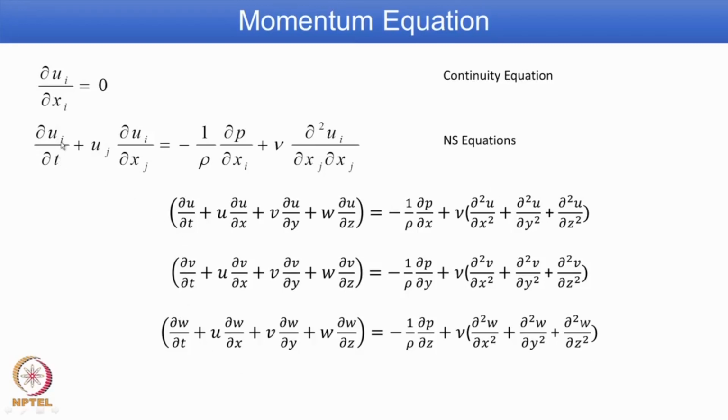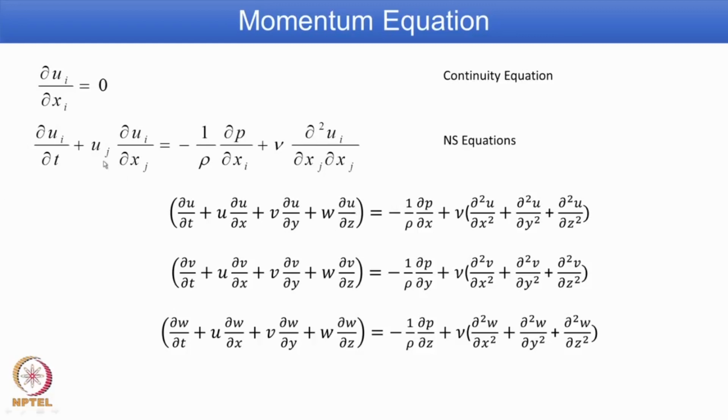For example, if you substitute the value of i to be 1, then you get the x momentum equation. For the second term on the left hand side, the convection term, u_i with i equal to 1 is u itself, whereas the j index is repeating, so it is a summation. For every value of j you get one new term and then they are added.